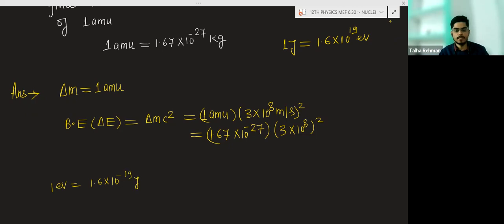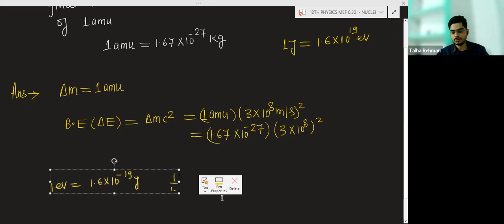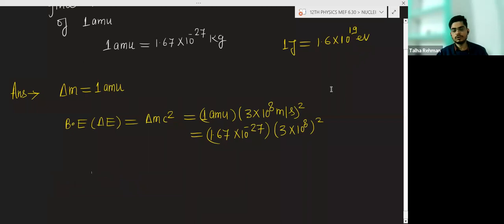So, 90 electron volt. You can check this value. I am not sure about this, so we will put this value here.